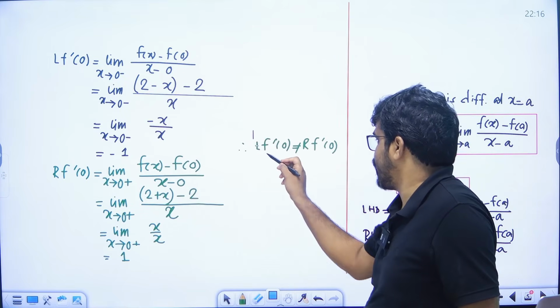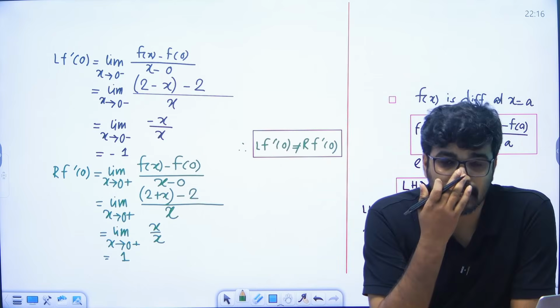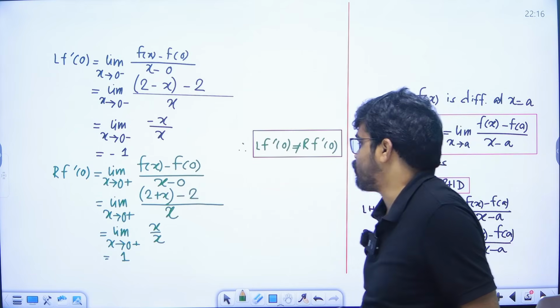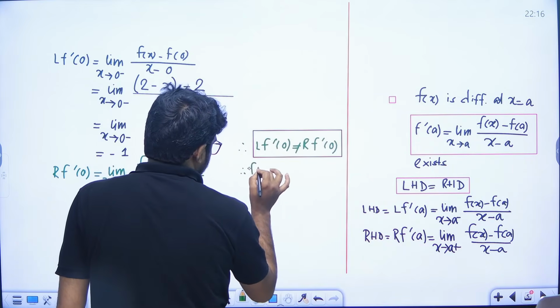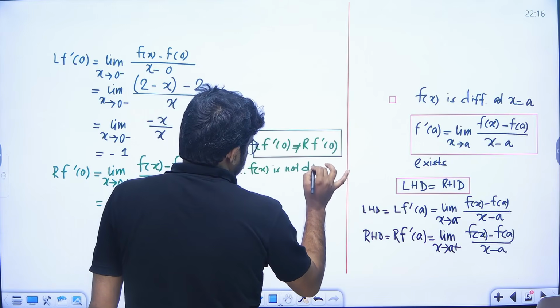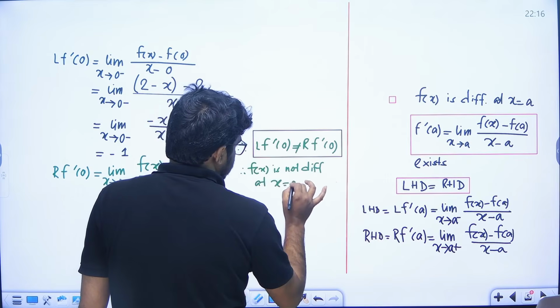So the left hand derivative is not equal to the right hand derivative, so we conclude that this function is not differentiable. Therefore f(x) is not differentiable at x is equal to 0.